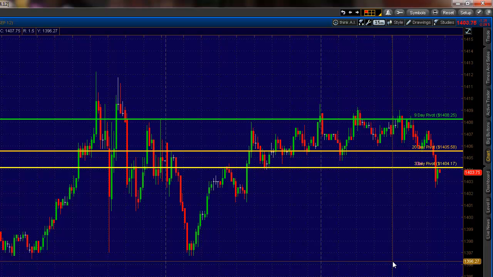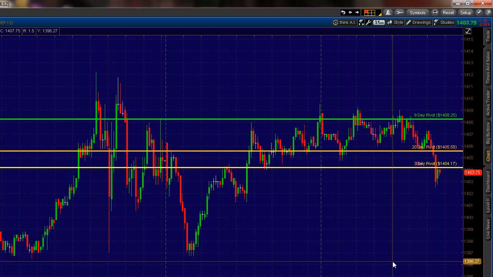So if we get a big push up off of the open today, I would expect price to come back down to 1404, and that could set up a nice bounce support long trade for you. Conversely, if we trade lower off the open today, you could expect price to gravitate back to 1404.